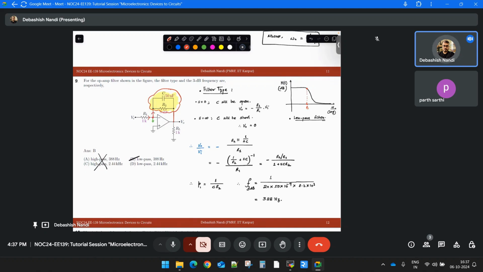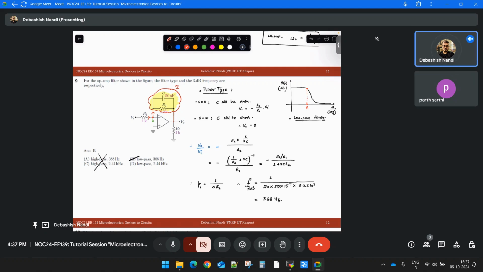This will always be virtual short, right? So consider it as an impedance Z and do the formulation. It will be minus Z by R1, and Z you can find out from the parallel combination of R2 and C. So try to do these problems very quickly. It should not take you more than 20 seconds to solve these problems. Okay. Sir, what did we learn from the low pass filter?